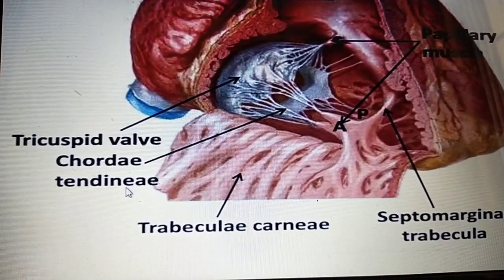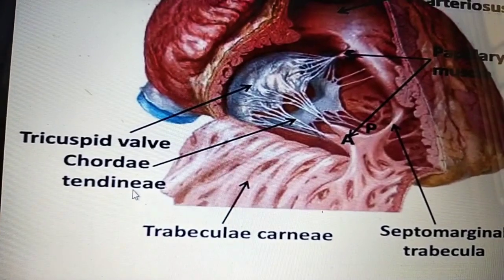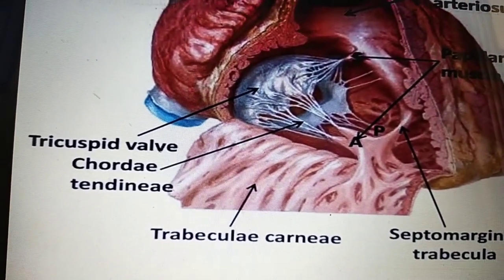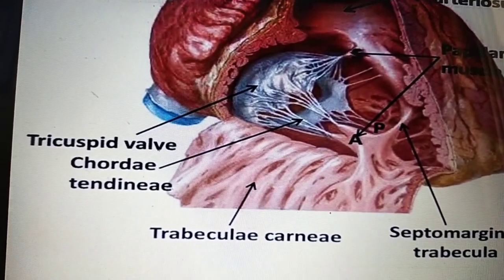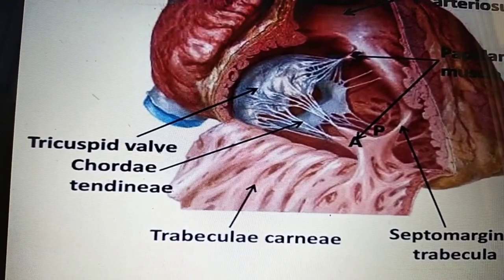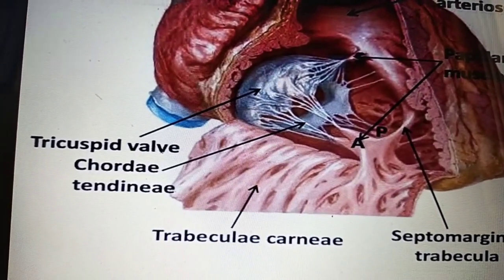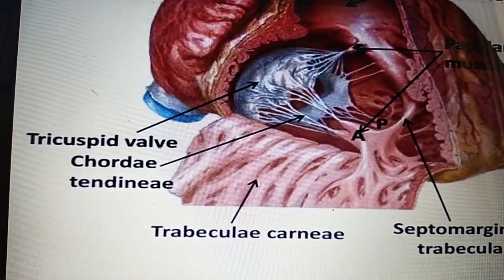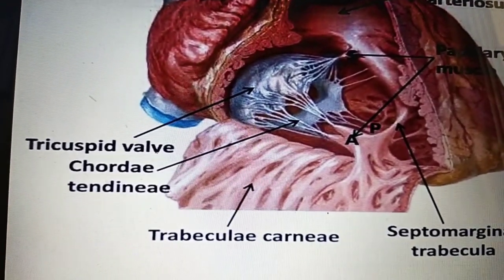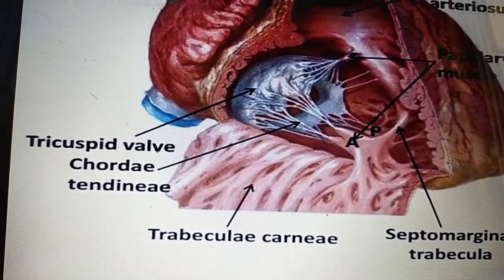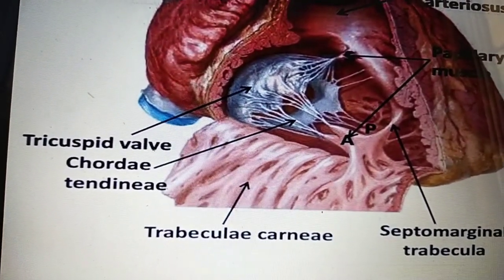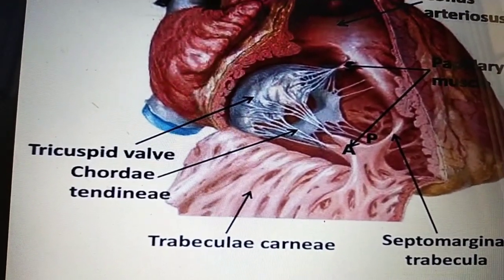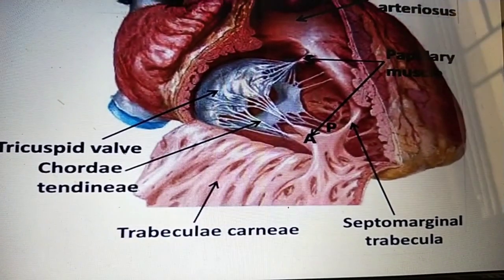Then chordae tendineae means rope-like or thread-like structures or tendons. Chordae is a word derived from cord. Cord means it looks like a rope. Tendon denotes the tendon. Then what is meant by chordae tendineae?